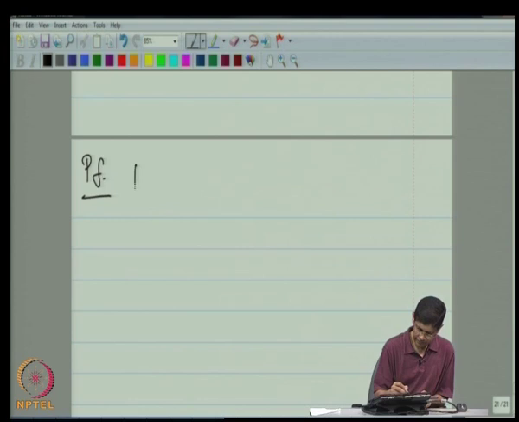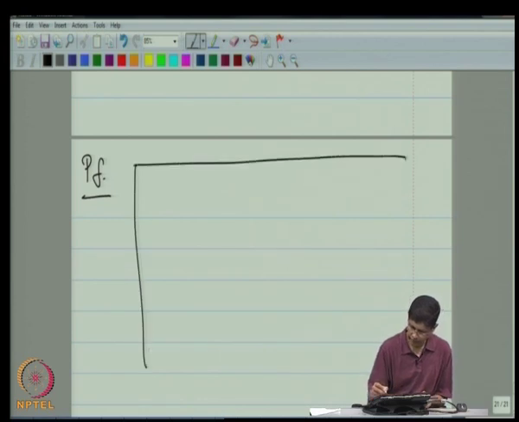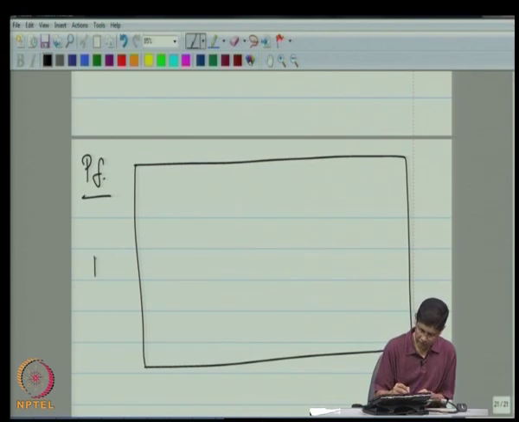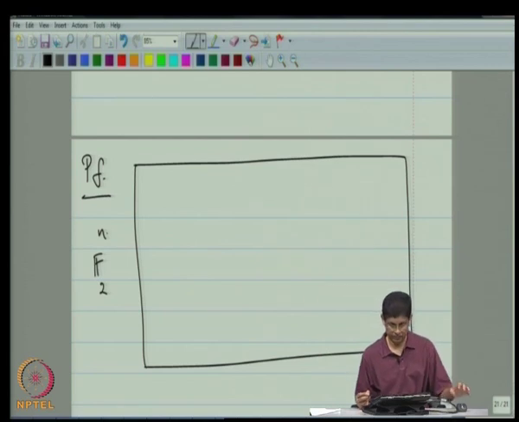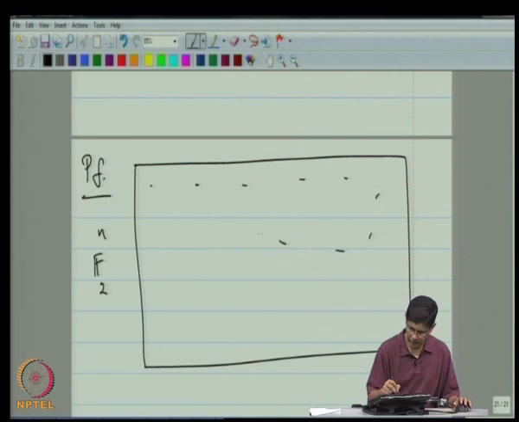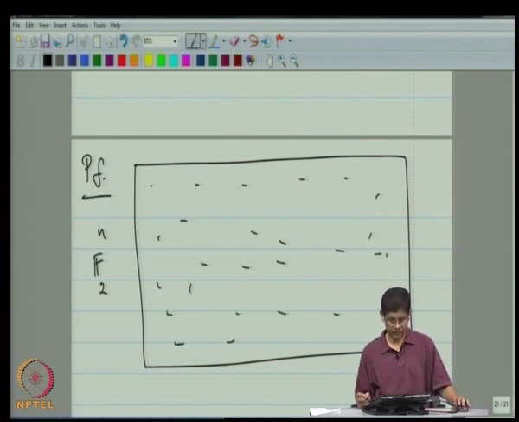Let us say that this is an abstract depiction of the set of all n tuples, and there are 2 to the n of them. Okay. So, they are scattered all over in here.